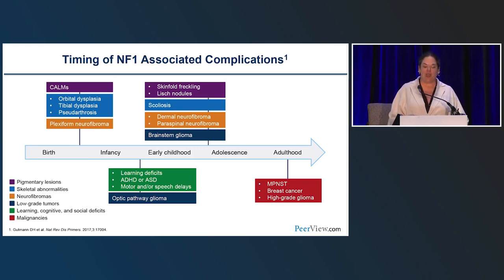Same is true with optic pathway gliomas, whereas Dr. Roma's group much more has to deal with some of the true high-grade malignancies. So there's clearly a role for kind of the microenvironment and time windows where people are really susceptible to this loss of heterozygosity and then tumor formation.